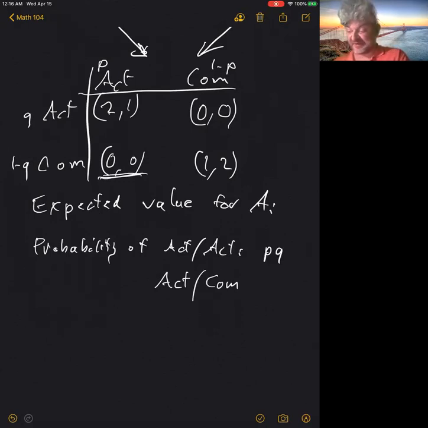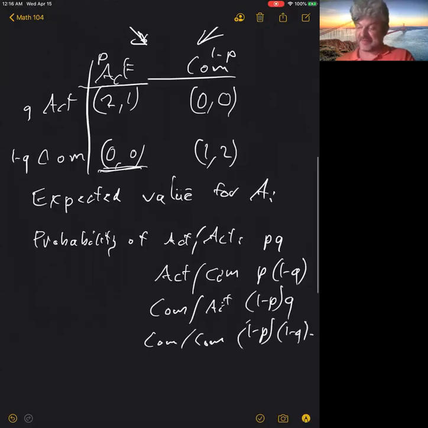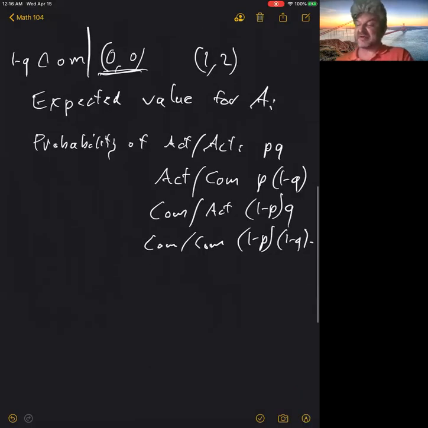The probability for that is P times 1 minus Q. Other way around, comedy for A, action for B, that choice gets the probability 1 minus P times Q. And finally, both go to the comedy movie, gets the probability 1 minus P times 1 minus Q. Those are the 4 probabilities that we need to calculate this expected value.